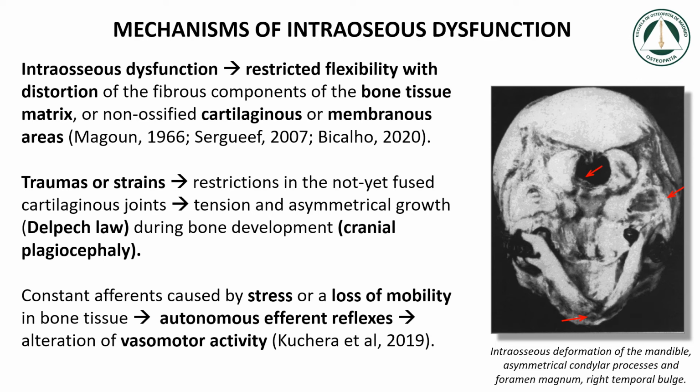Constant afference, caused by stress or loss of mobility in bone tissue, is responsible for autonomous efferent reflexes, which produce alteration of vasomotor activity. The picture on the right side shows an intraosseous deformation of the mandible, asymmetrical condylar processes, and foramen magnum, temporal bulge.